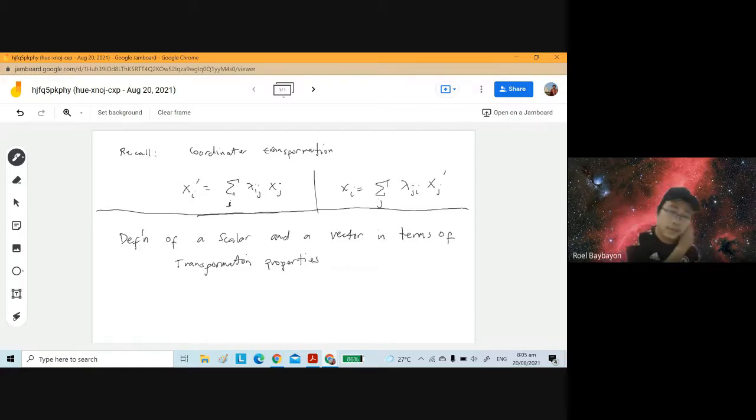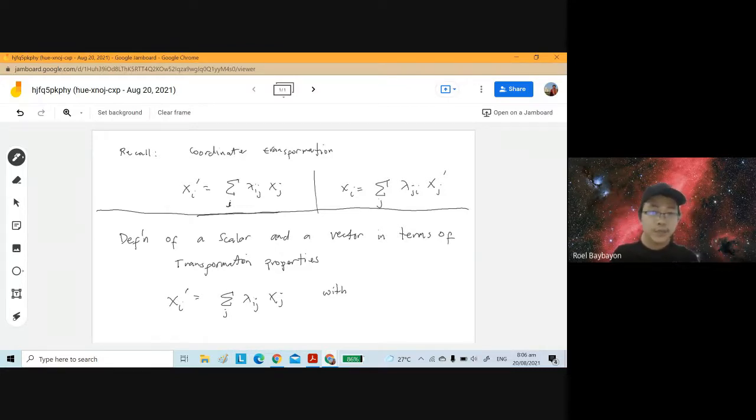Okay. So we know the coordinate transformation is given by this, xi prime equals the summation of direction cosines lambda ij xj. We have these coordinate transformations.